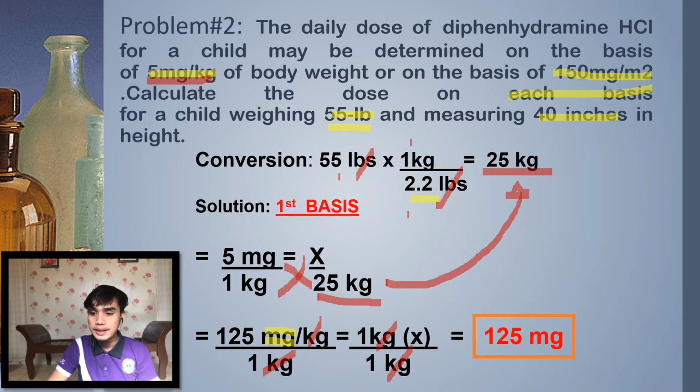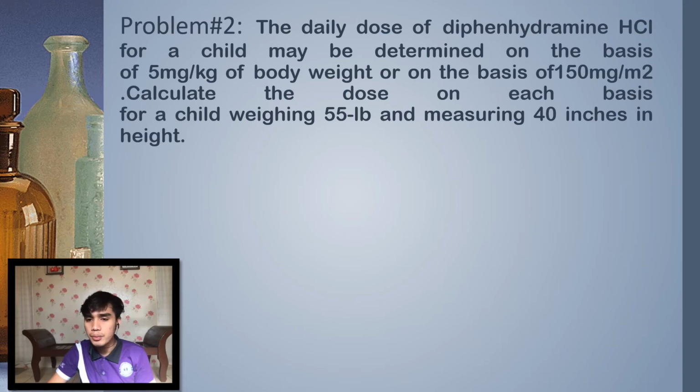So let's proceed to the second basis. We have the same problem, but for now, we are tasked to solve for the second basis, which is 150 milligram over square meter.